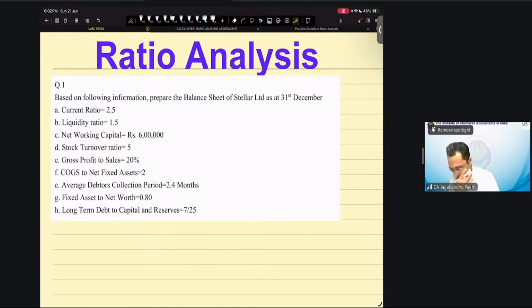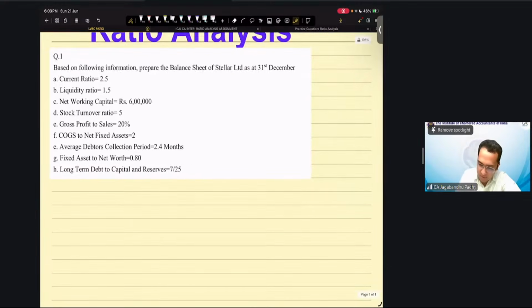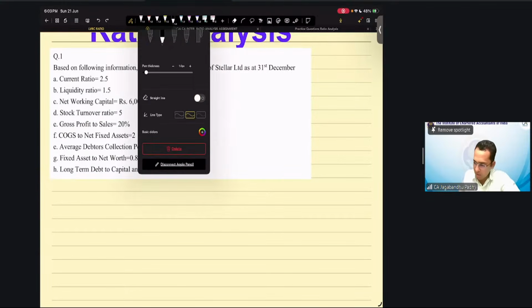So as on 31st December, we have to prepare the balance sheet of this company, wherein we have the information of current ratio, liquid ratio, net working capital, stock turnover ratio, gross profit to sales, COGS to net fixed assets, average debtors collection period of 2.4 months, fixed asset to net worth of 0.8, and long-term debt to capital and reserves. That's 7/25.